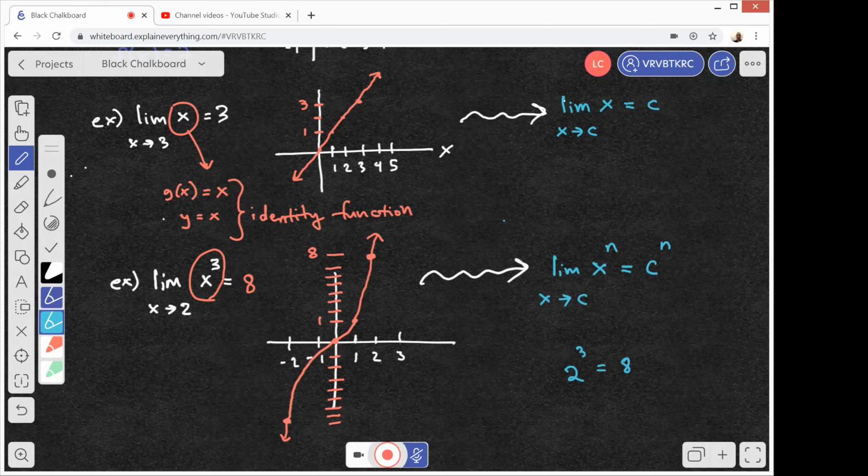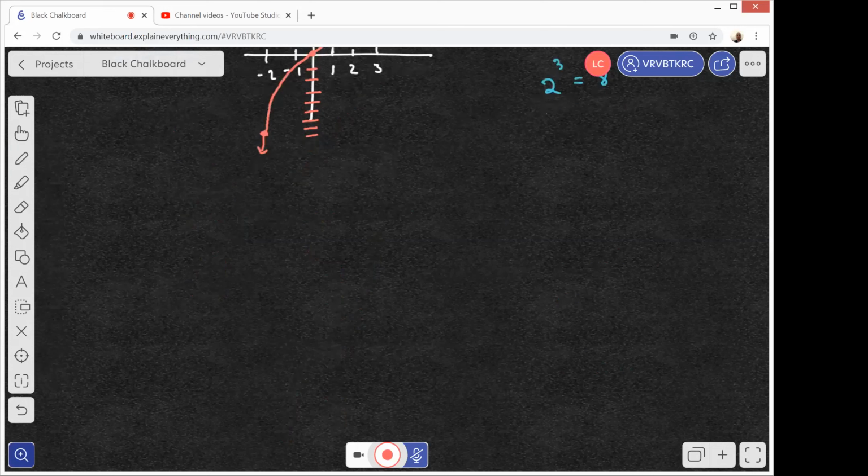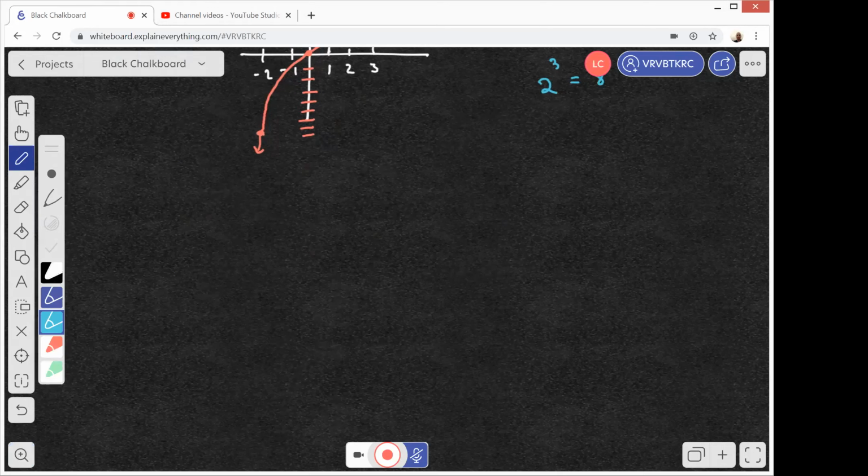All right, so let's continue. We're going to look at some examples. Before we get into those examples, I just want to point out that there's a couple ways of looking at limits.